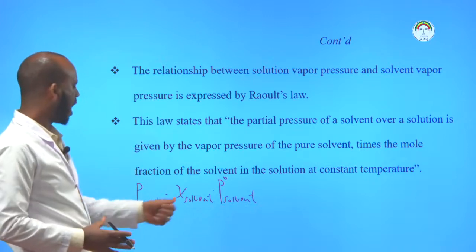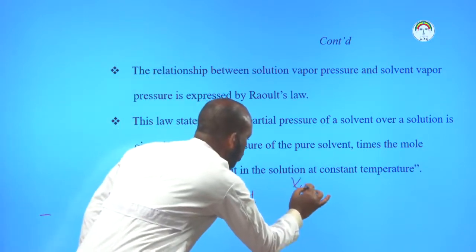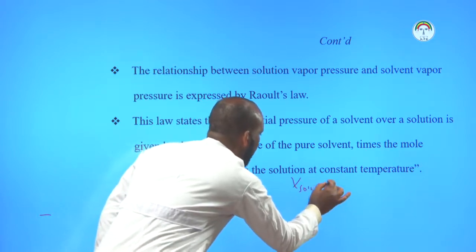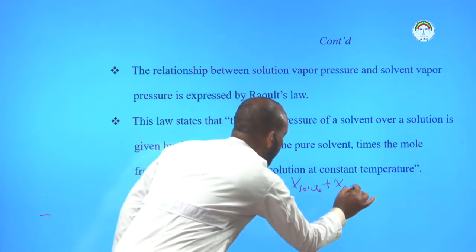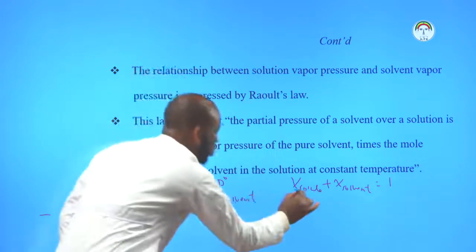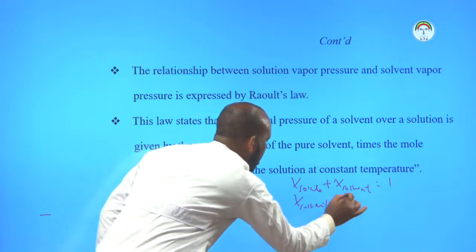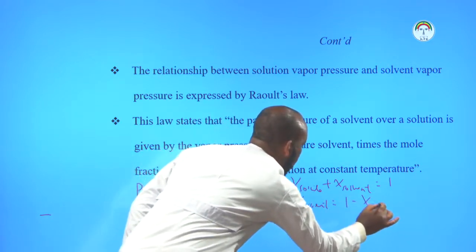Mole fractions add up to give 1. Therefore, mole fraction of the solid plus mole fraction of the solvent equals 1. From this, mole fraction of the solvent equals 1 minus mole fraction of the solid.